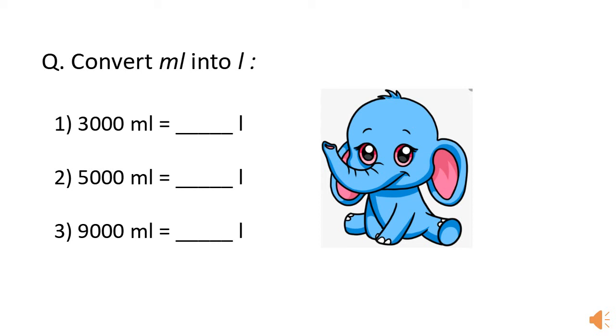Okay, so here 3000 divided by 1000 will be 3 only. So 3 liters. What about the second question? 5000 milliliter is equal to how many liters? So 5000 divided by 1000 comes to 5 liters. And the third question is obviously for you.